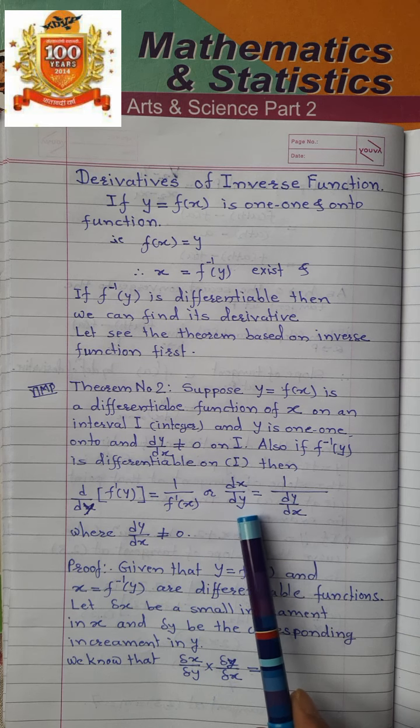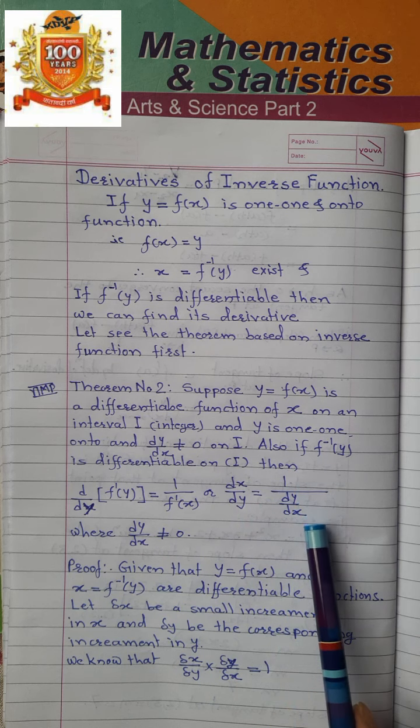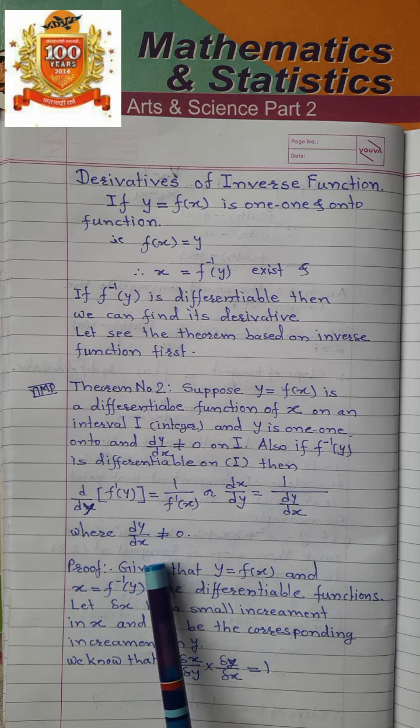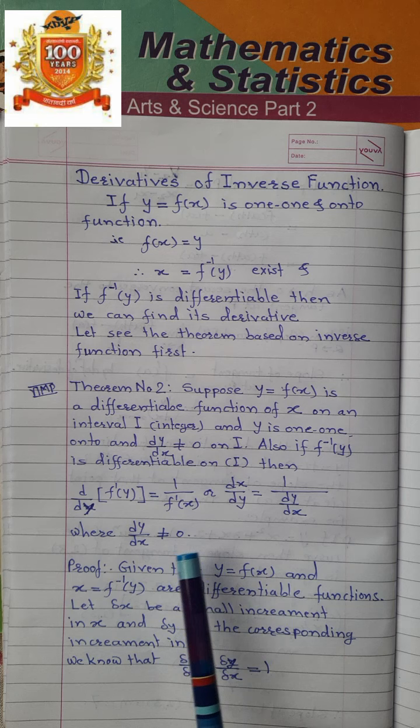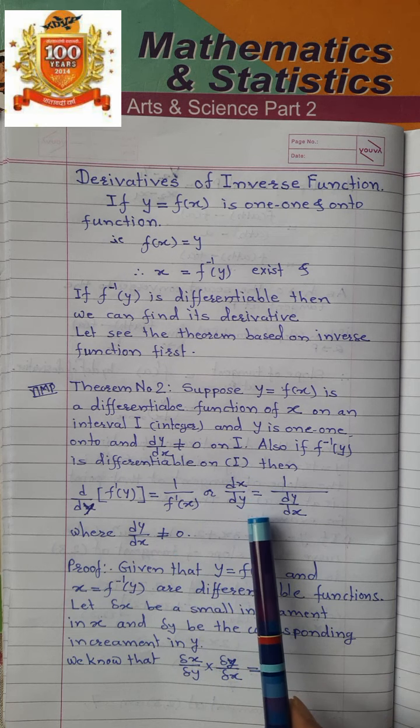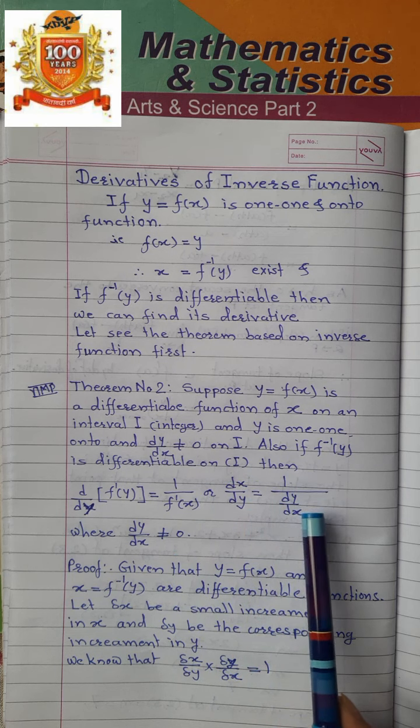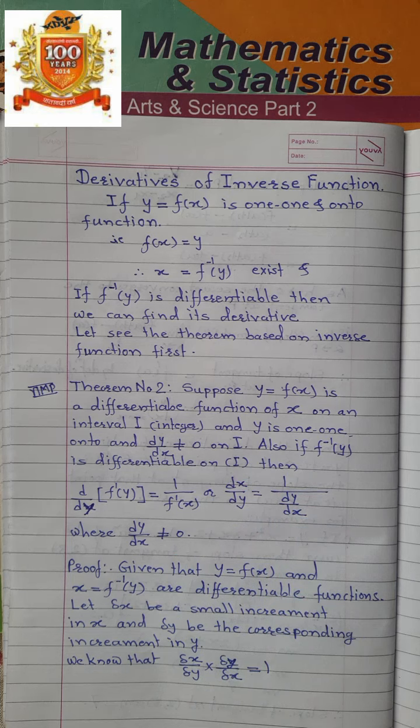Therefore dx by dy is equal to 1 upon dy by dx, where dy by dx is not equal to 0. This is the statement of the theorem number 2. We have to prove that dx by dy is equal to 1 upon dy by dx. Let us see the proof.